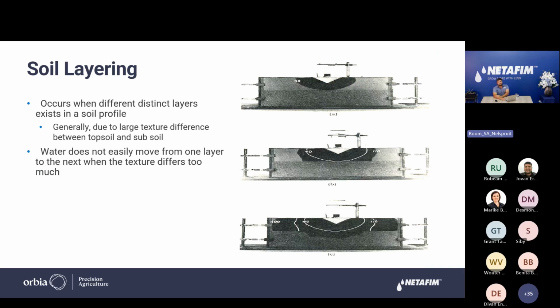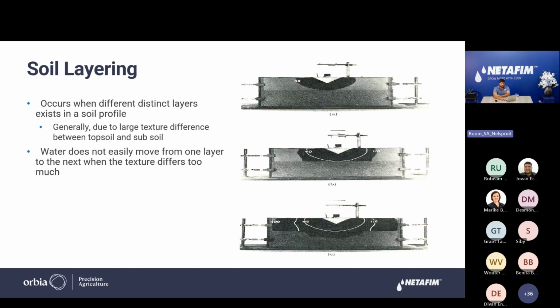Another important part is soil layering. It occurs when different distinct layers exist in a profile, generally due to large textural differences between the topsoil and the subsoil. We can have a sandy topsoil with an abrupt transition to a heavier clay, and then the water does not want to move over that large textural difference.